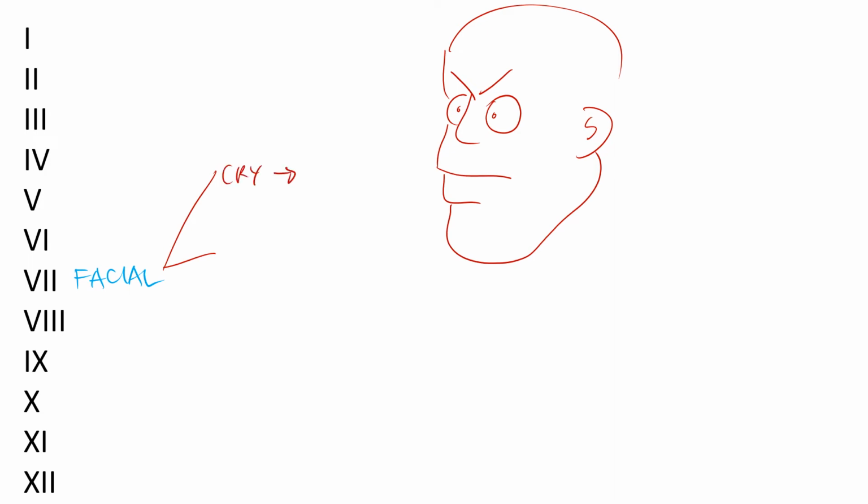Actually, it's because the facial nerve is also responsible for lacrimation, tears, your tear ducts or your tear glands. If you shed tears, that's your facial nerve. And if you're angry, you spit. Basically, salivation.